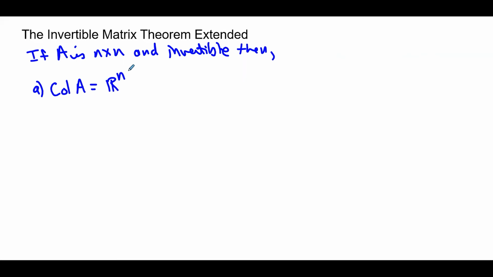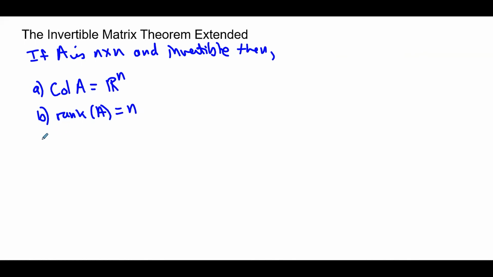We've got n vectors in Rn. So that means the column space would span the entire Rn space. So if that's true, then the rank of A is also equal to n.